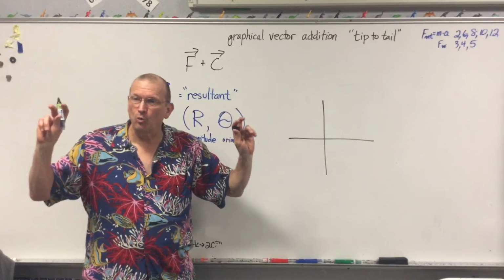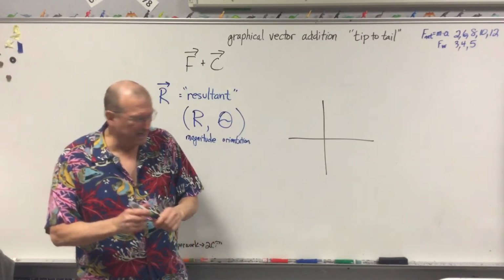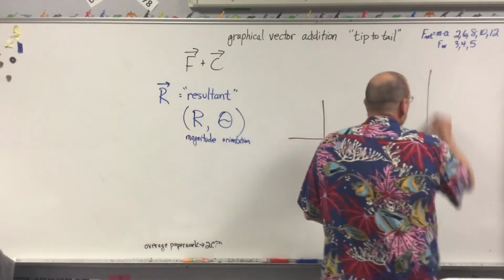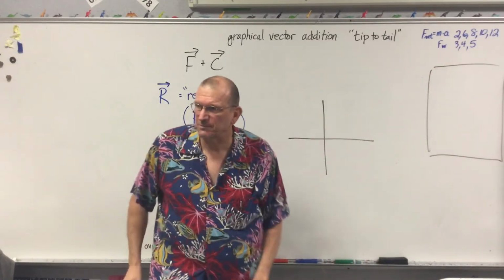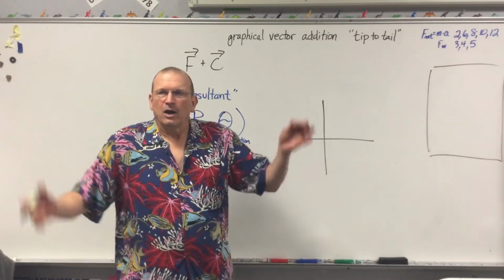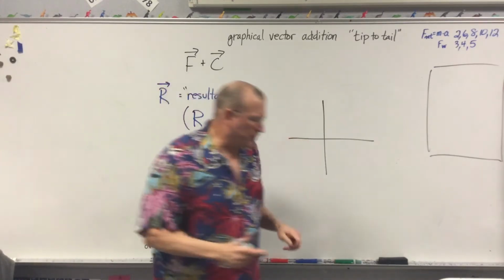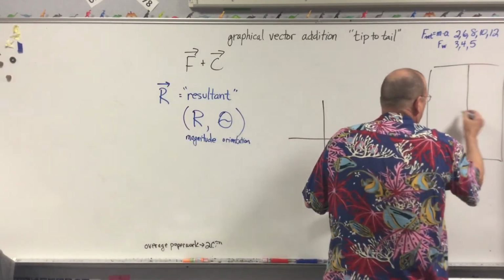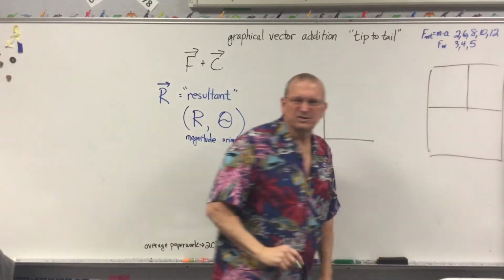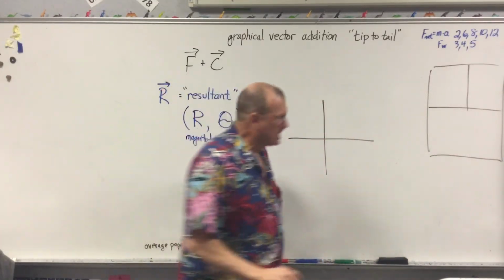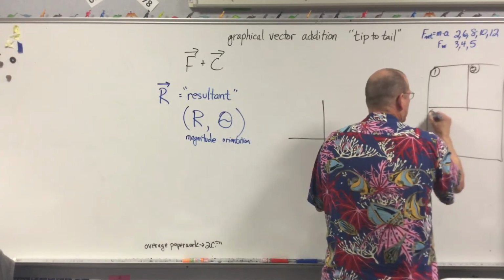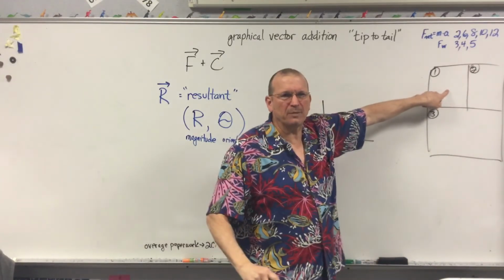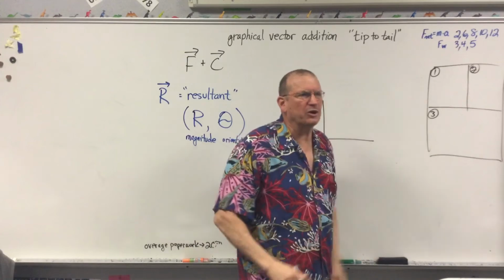These are like your home coordinate axes. And on your paper, on the back side, because this is where you're going to do these problems, you need to think of your paper divided like this, and treat this first quadrant up here as the area you're going to work in.